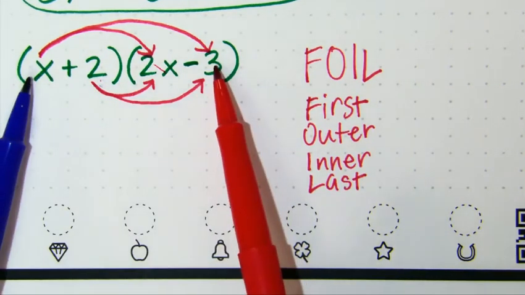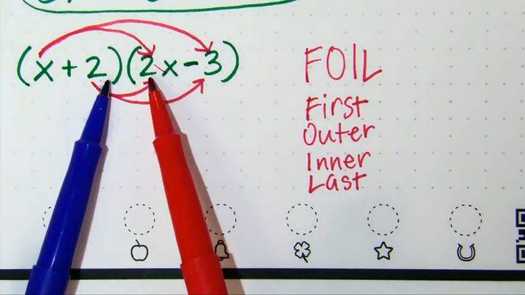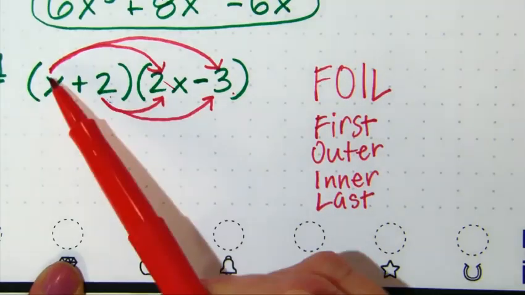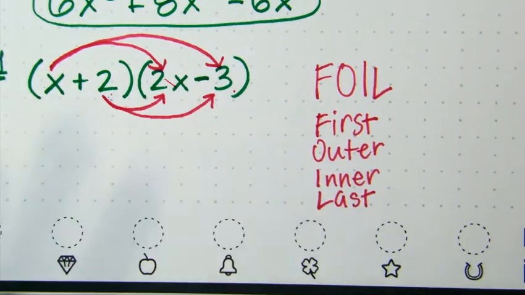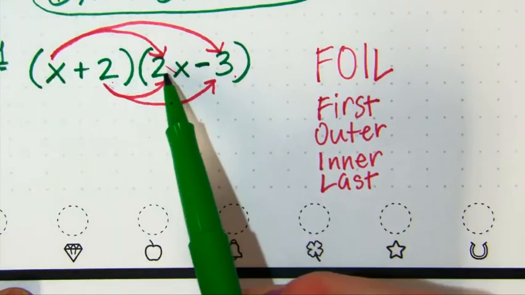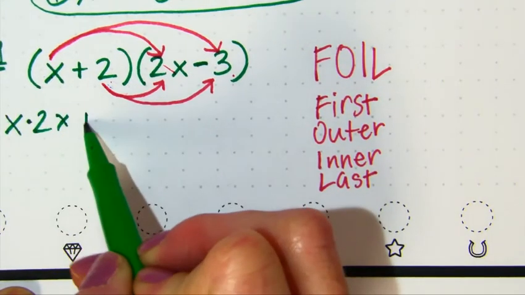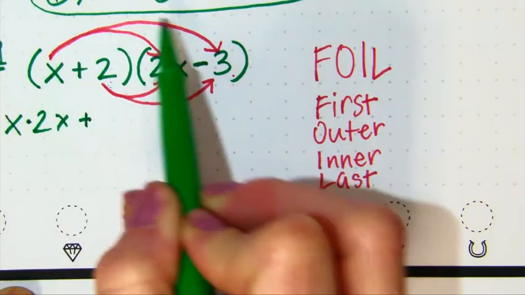So first, outer, inner, last. Or we just draw the arrows like we did here and distribute, okay? So we have x times 2x plus x times -3.